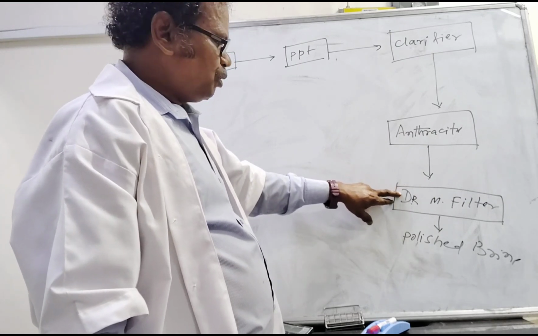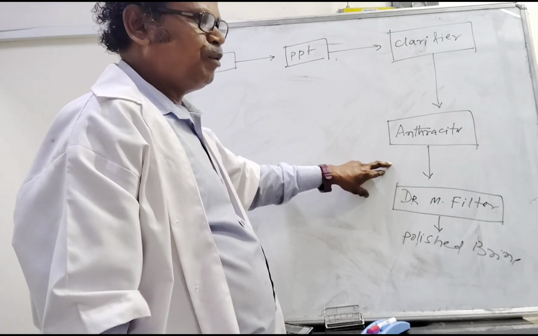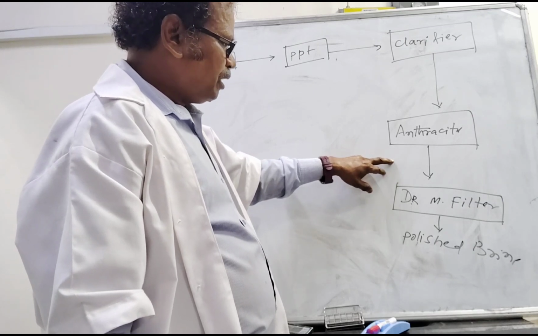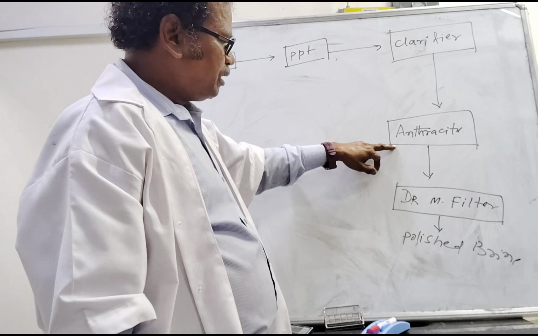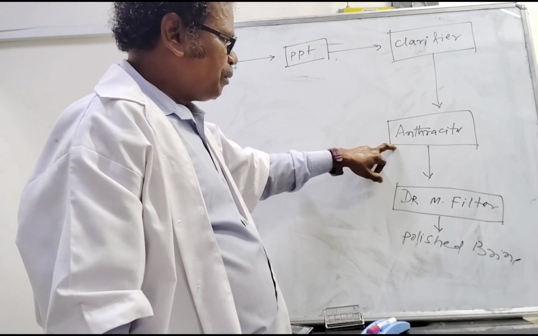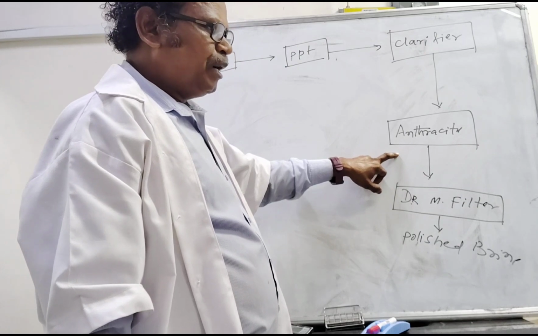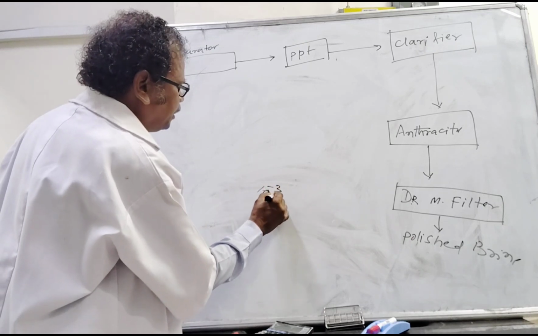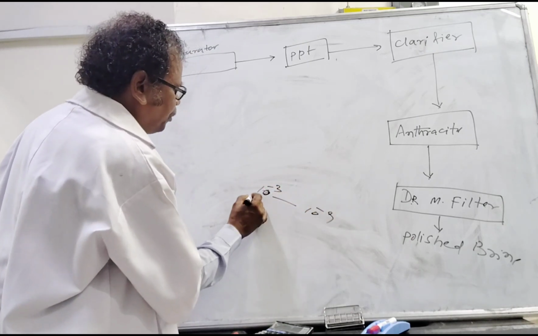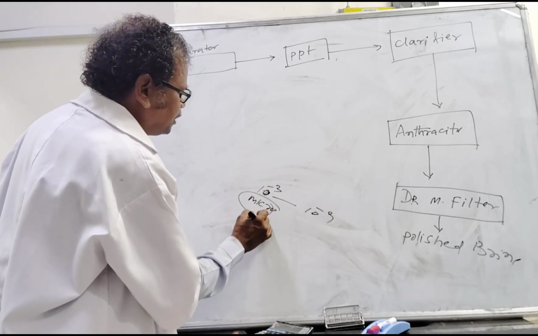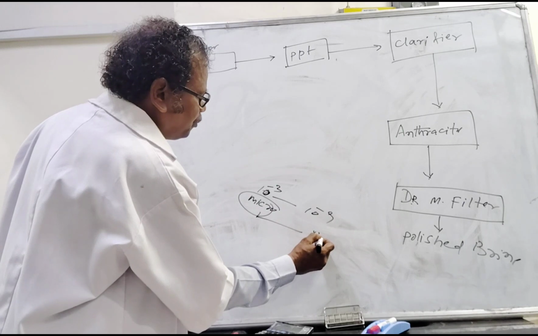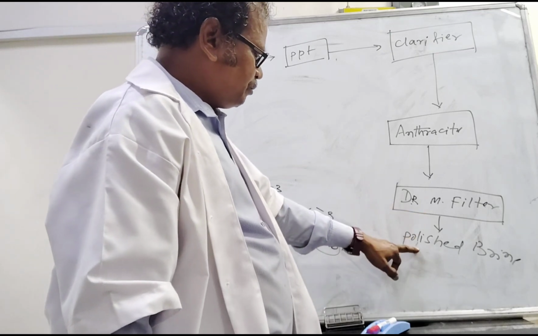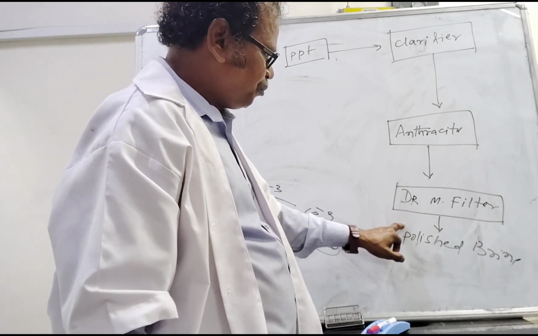Here we use alpha cellulose, with its properties of dextran and agarose, which minimizes the suspended particles from micron to nano dimension. At last we get polished brine.